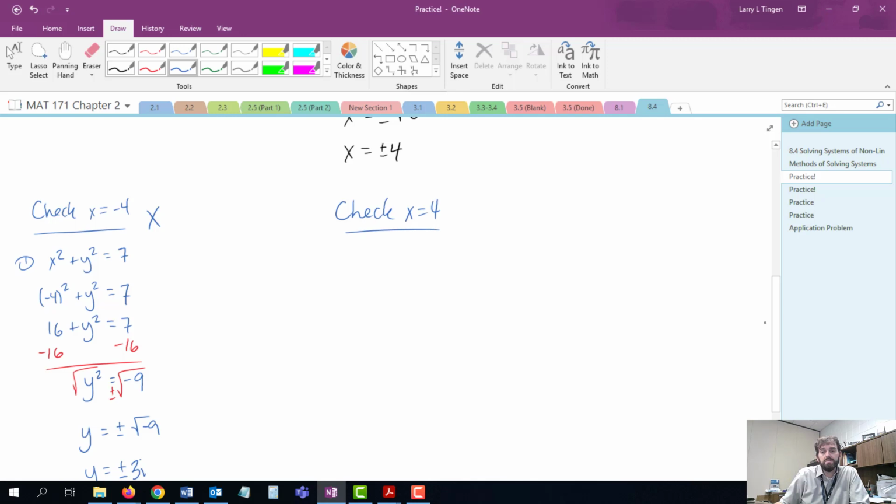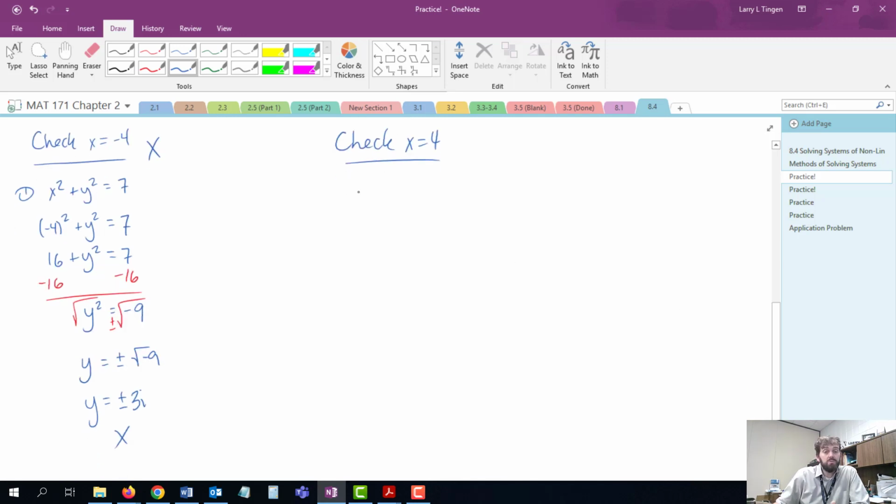What's going to happen if x is 4? Well, it's going to be very similar. I'm going to use the same equation to start out with. It's actually going to be exactly the same result. Why is that? Because when I plugged negative 4 in for x, I squared it and got positive 16. When I plug in 4 for x, I'm going to square it and get 16.